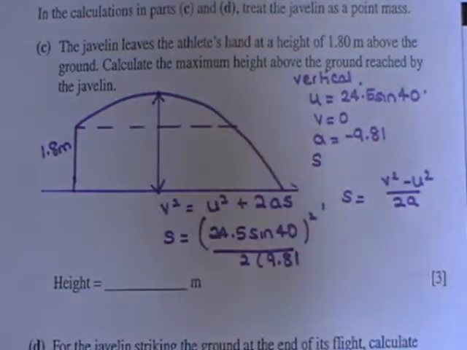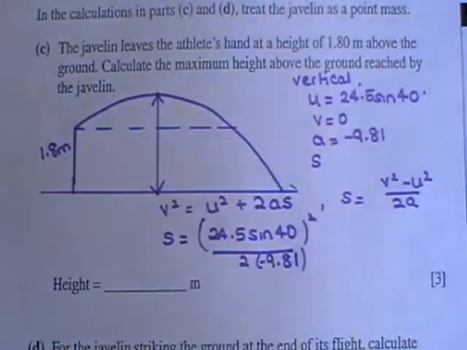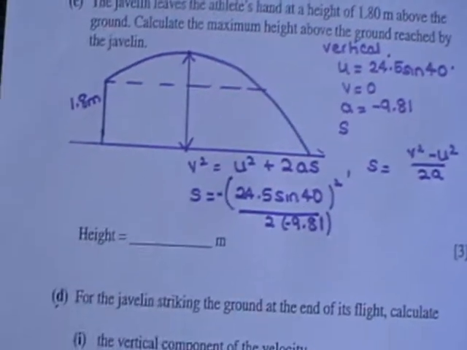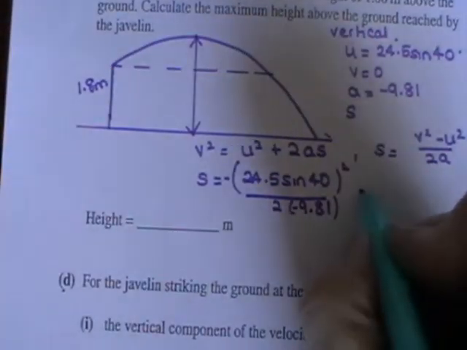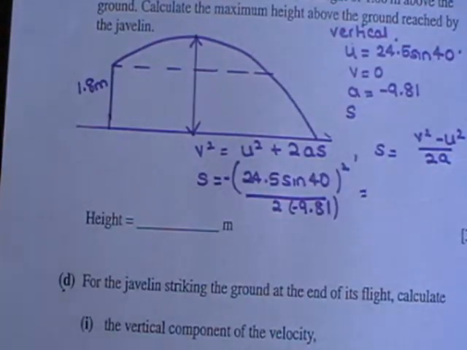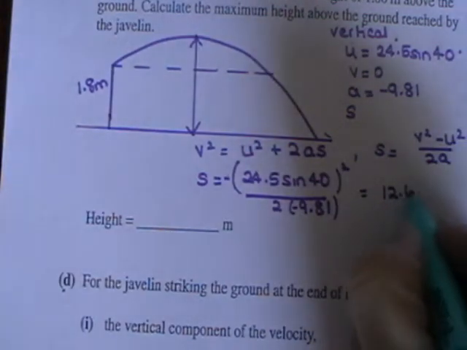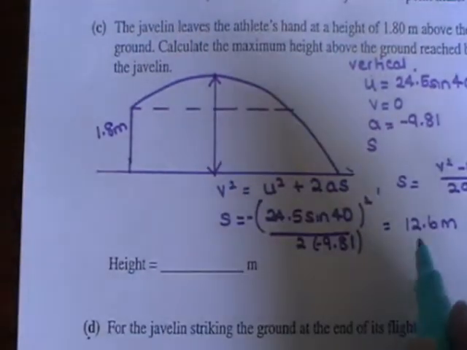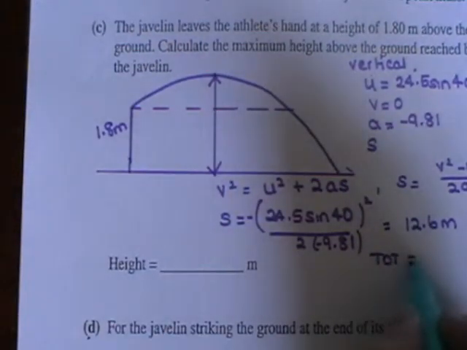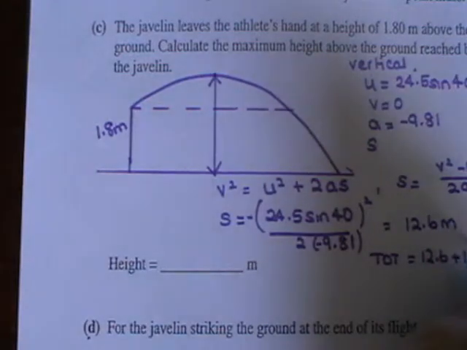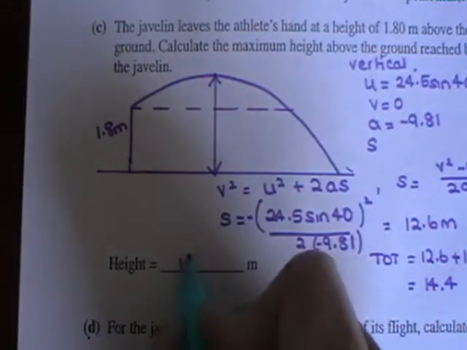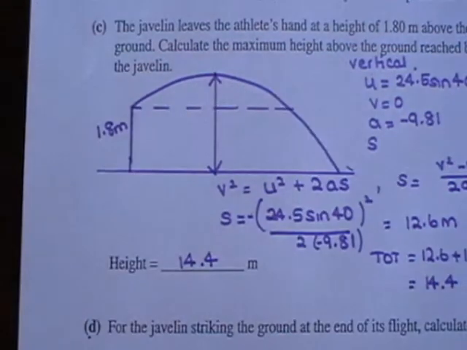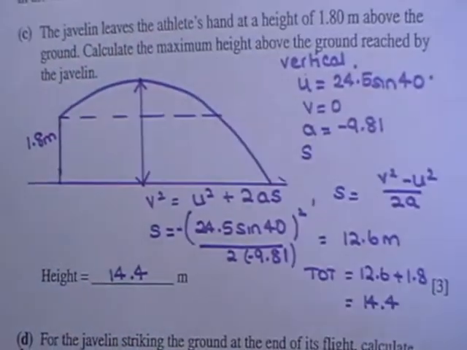I suppose I should have said that this is minus the 9.81, but there's a minus up here too, so it becomes plus. And s comes out to be a total distance of 12.6 metres. So obviously my diagram's well off scale there. But the total height is equal to 12.6 plus 1.8, and the total height then is 14.4 metres. That's your answer there. So there's quite a lot of working out to that.